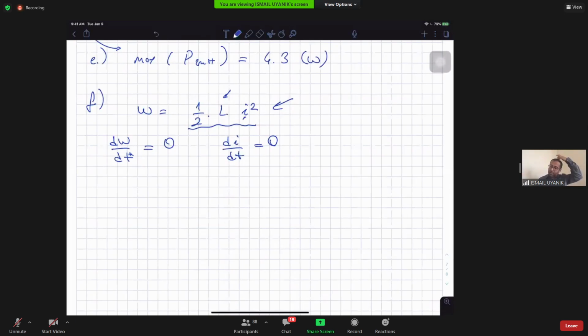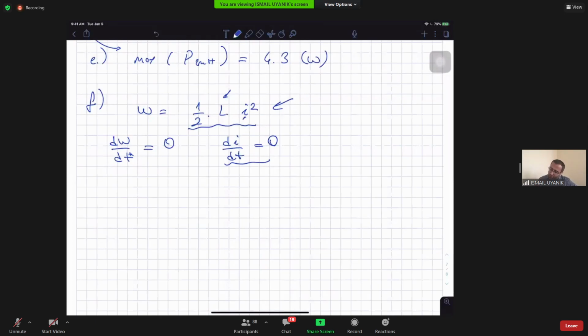So instead of taking the derivative of that huge equation, I can just take the derivative of this I and calculate when its derivative will be equal to 0, right? Is this okay for everyone? This is really important. It's clear to me. Okay, perfect.